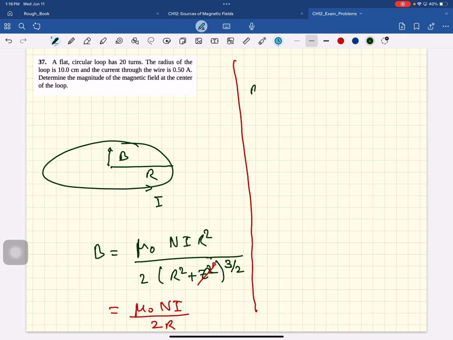So B at the center, mu naught is 4 pi times 10 to the minus 7 Tesla meter per amp. N is 20 turns. I is 0.5 amps. And R is 10 centimeters.